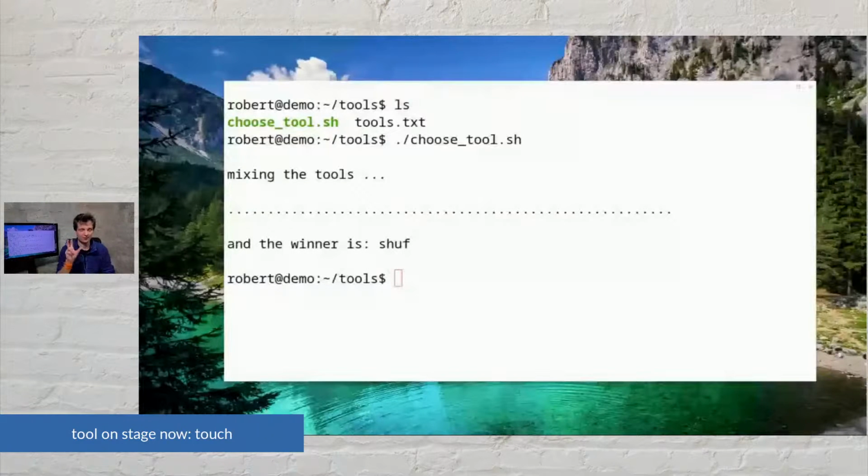So you have 3 timestamps, and via the touch command you can update these 3 timestamps. Typically you call touch only with the name of the file. And now I have updated all these 3 timestamps at once.